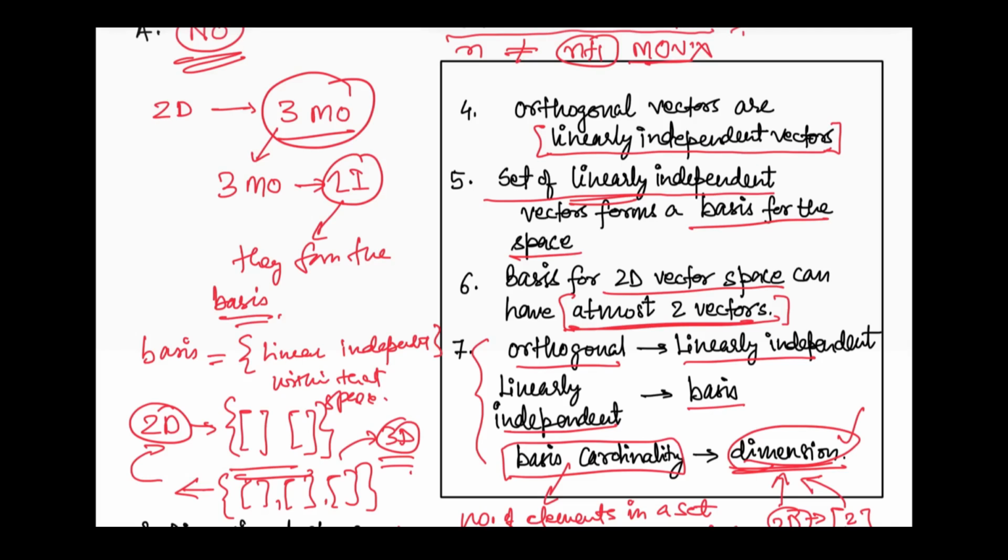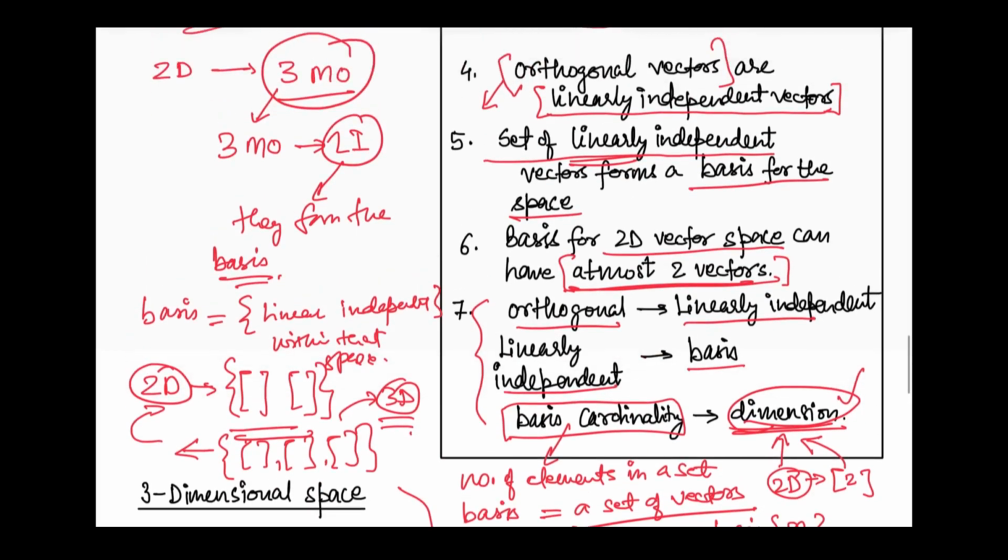Orthogonal vectors are linearly independent vectors, and a set of linearly independent vectors always forms a basis for the vector space. The number of mutually linearly independent vectors that we can have for a space is equal to the dimension of the space, and therefore the number of mutually orthogonal vectors within a set is at most equal to the dimension of the space.